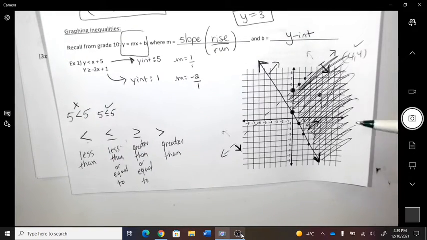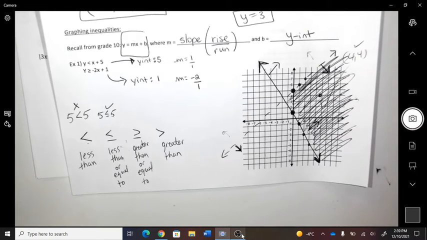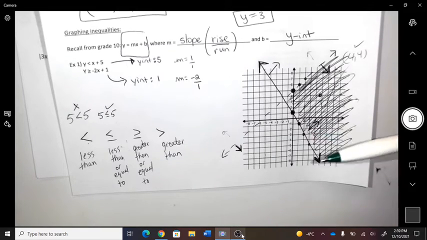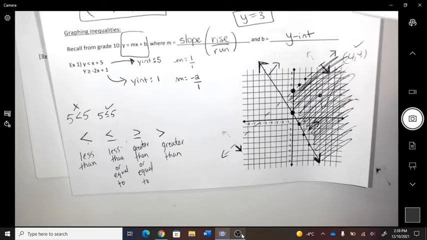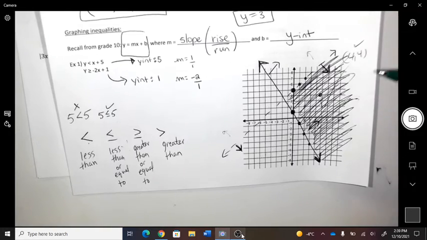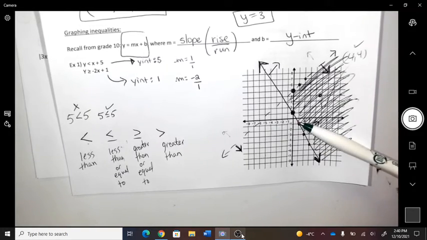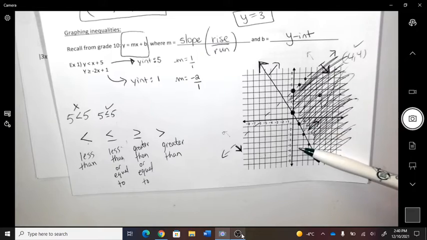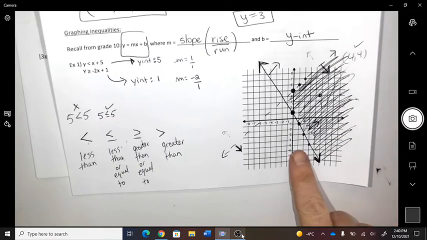Okay, tell me a coordinate. Give me a coordinate that isn't a solution. What's that? Negative 5? 1, negative 5? Okay, 1, negative 5 is right here.